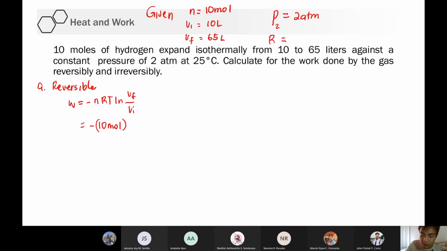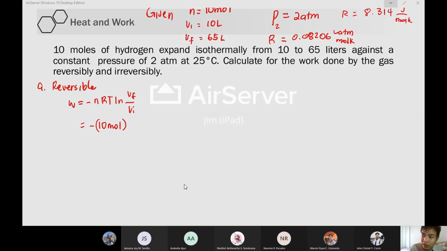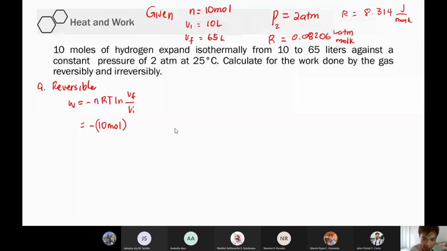Ang gas constant natin dalawa. 0.08206 L atm per mole Kelvin. Ang isa pang R gas constant ay 8.314 joule per mole Kelvin. Same lang yan. Kinonvert lang yung L atm to joules. Gamit ka lang ng conversion na diniscuss natin last chapter.